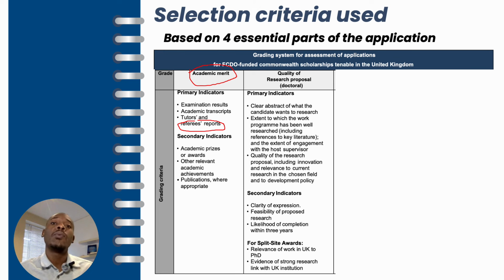Then in the 4th year, you'll be required to just write and submit your thesis, and then you graduate. You do not need to pay anything in your 4th year, so that is still okay. But otherwise, your proposal should demonstrate that you are able to complete your studies within 3 years, because the scholarship is only valid for 3 years. So that is what they are going to consider for PhD applicants.